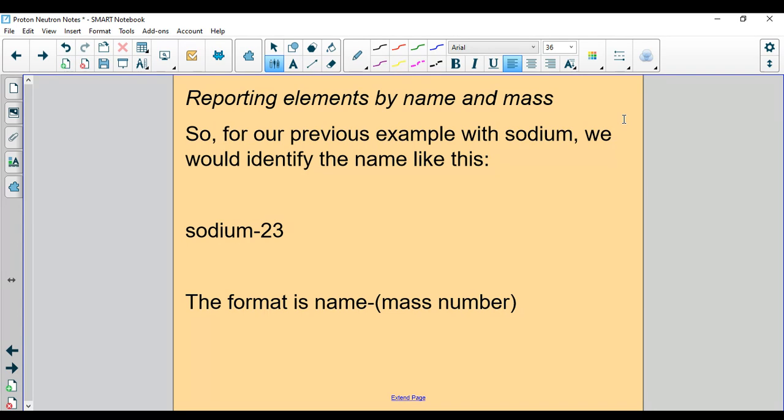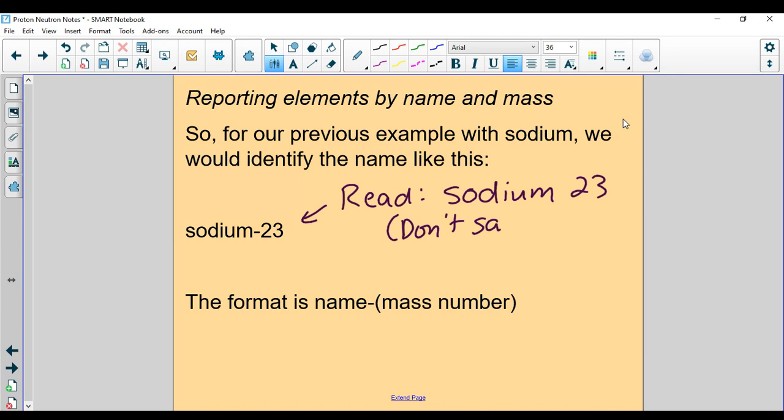When you read it, you don't say the dash, but when we write it, we include it. For any element, we take its name, dash, and then insert the number of its mass.